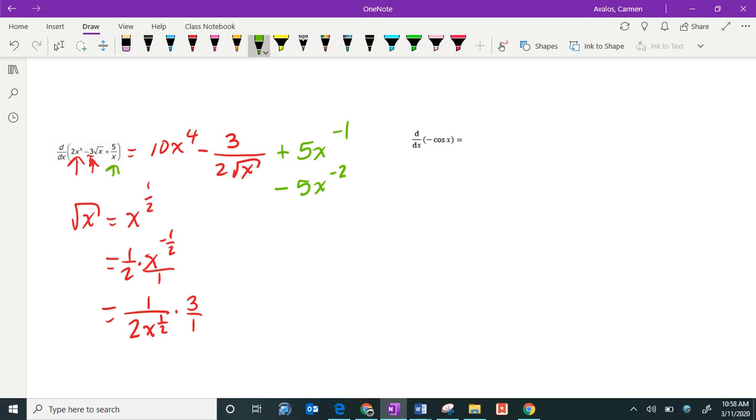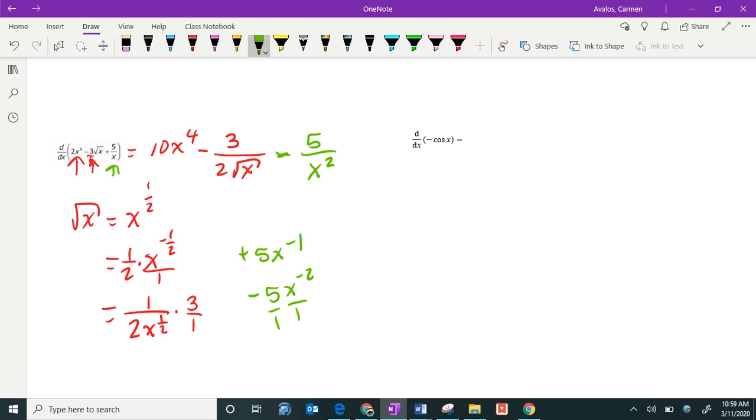And so what that becomes is, I'm just going to write that, plus 5x to the negative 1, and that becomes 5x to the negative 2. I'm just going to erase it from here, and I am going to then say that's going to be 5. This is going to be over 1, and so this one has to go down, and so I have 5 over x squared. Now, this is when it's a derivative. Just keep in mind that that's when it's a derivative and we're going forwards. And so that is going to be the derivative of that.